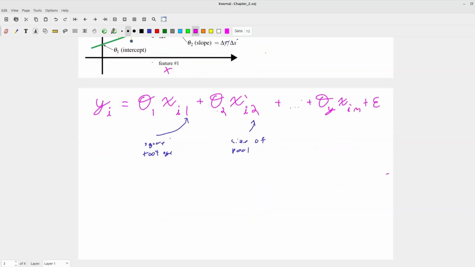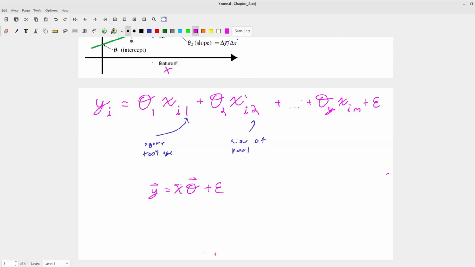That equation is incredibly detailed, but we like simpler ways to write things. So we're just going to write this as y, which is a vector, equals x, which is a matrix, times theta, which is a vector, plus e.